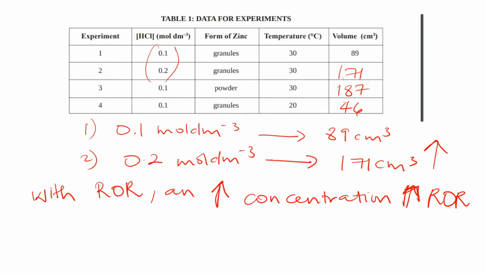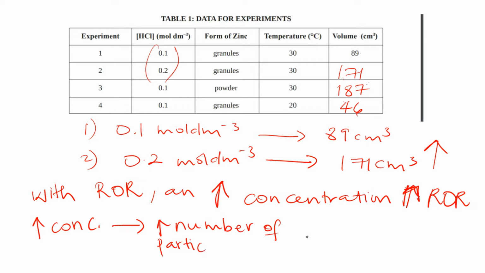The thing is, when you increase the concentration, you increase the number of particles per unit volume, hence increasing the frequency of collision. So when you increase concentration, this leads to an increase in the number of particles per unit volume.